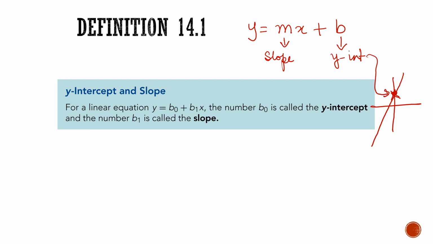The point where a straight line would intersect the y-axis is called the y-intercept of a line. All right, now this form, which is called the slope-intercept form, is normally written as y equals mx plus b, where m represents the slope and b represents the intercept. And that's how we learned in algebra. In statistics, it's going to be slightly different. It's still going to be about the slope and the intercept, but we are going to write it as y equals b sub 0 plus b sub 1 times x.